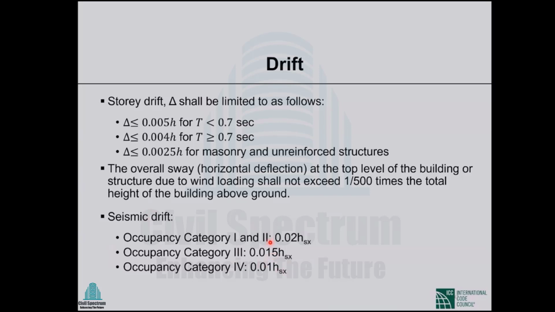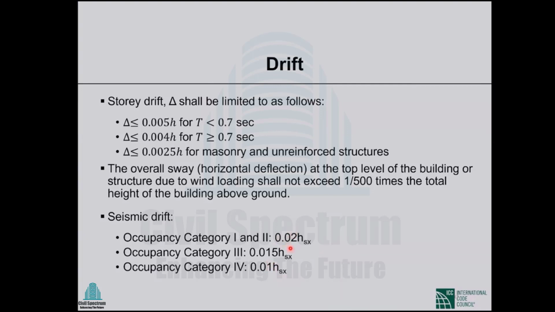But in addition to these, there are a lot of things written in the same clause, particularly for seismic design category D, which we will know in very short time. For different seismic design categories, these vary. We may need to be stricter.